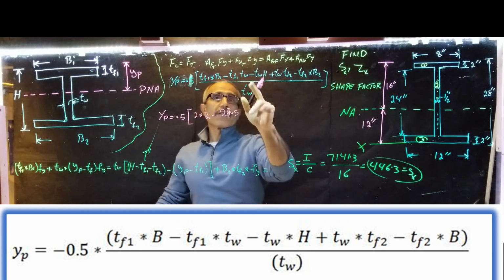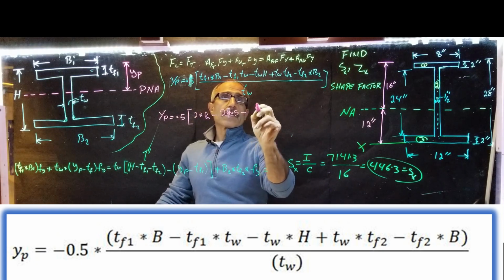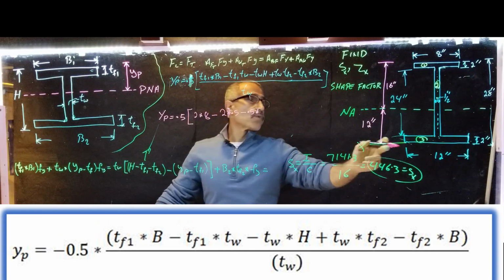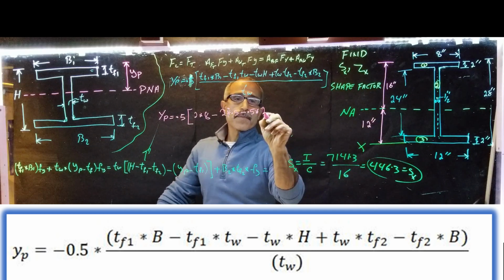And then minus TW, again half an inch, multiplied by H. The whole H was 28 inches.